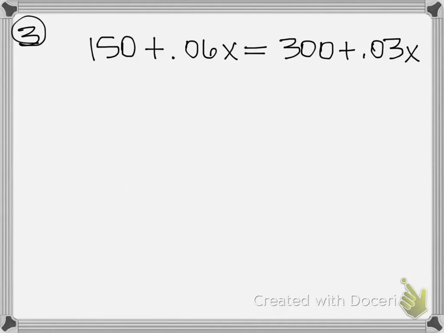So let's see what happens when we solve this. Now, when you go to solve this, what are you going to do first? Okay, so do you want to move the 0.06x or the 0.03x? It does not matter to me. Okay, I agree. That's the one I would go with. So let's move this one. So negative 0.03x, we'll move that over here.